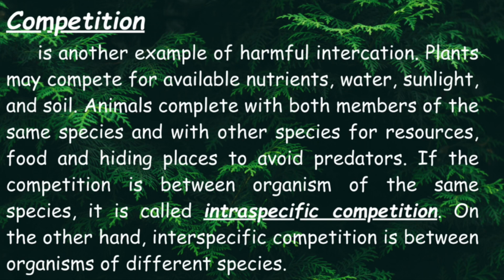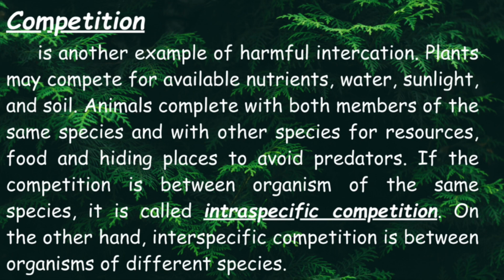Competition. Competition is another example of harmful interaction. Plants may compete for available nutrients, water, sunlight, and soil. Animals compete with members of the same species and with other species for resources, food, and hiding places to avoid predators.